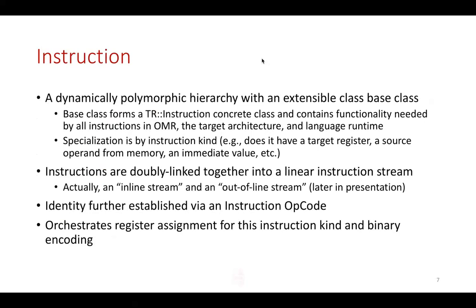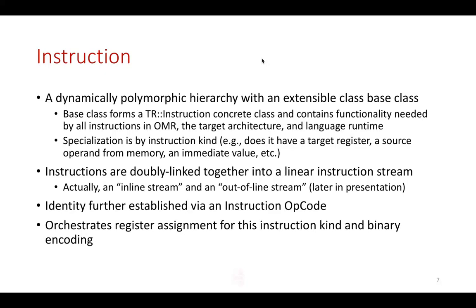So one of the key building blocks of the output from the code generator is our instructions. This is actually a fairly interesting hierarchy. It's basically a dynamically polymorphic hierarchy, but the base class of all the instructions is really an extensible class.